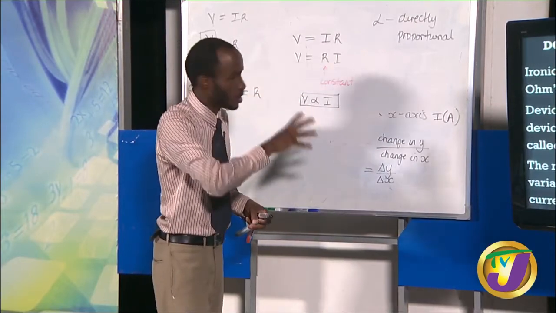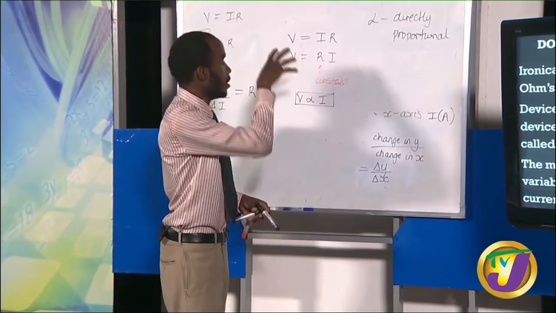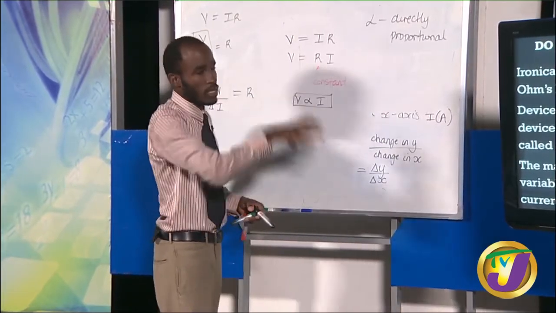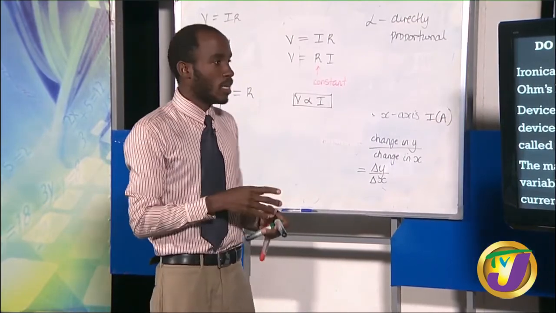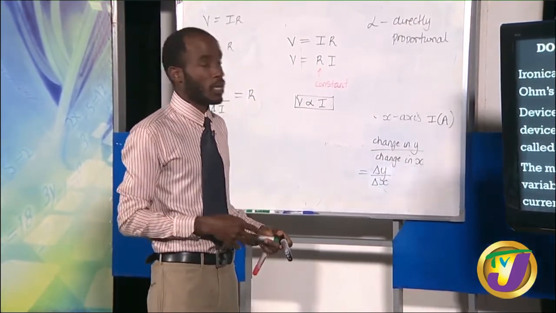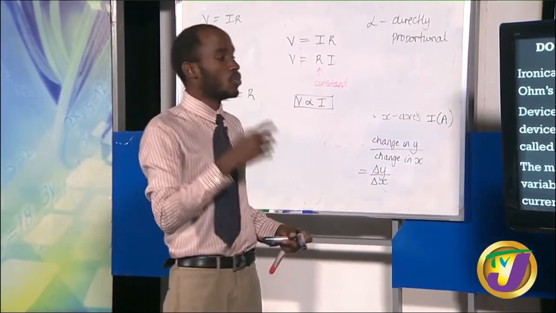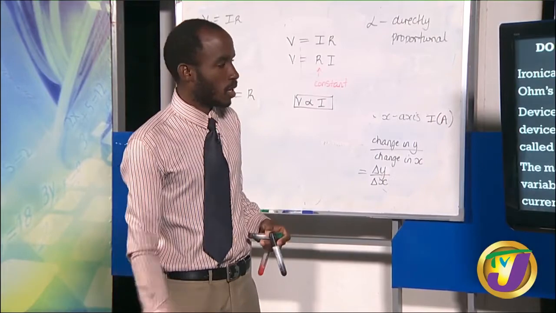It does not change. If the resistance starts to change, then the V proportional to I relationship cannot hold. And once it does not hold, then it simply is not an ohmic device. And you'd be surprised at how many devices do not obey Ohm's law. Some do, but not all.